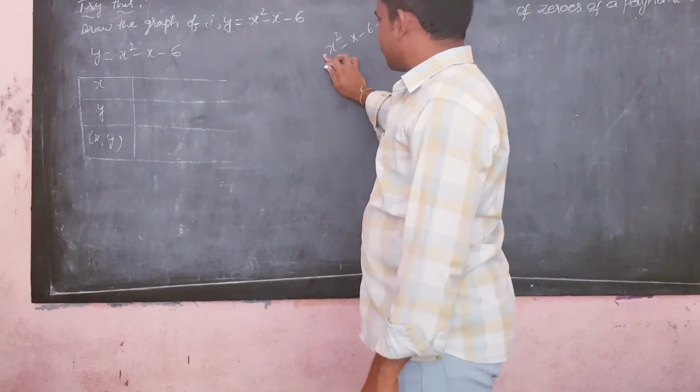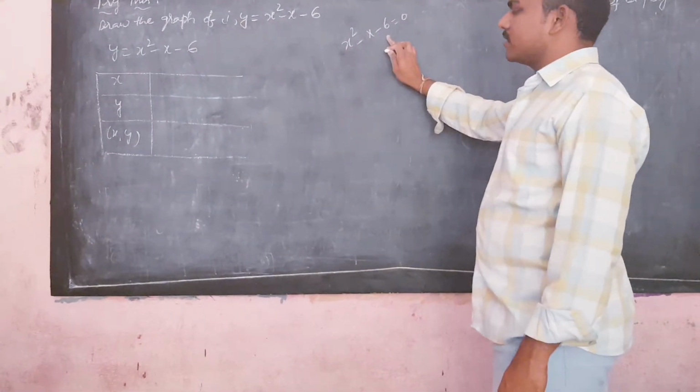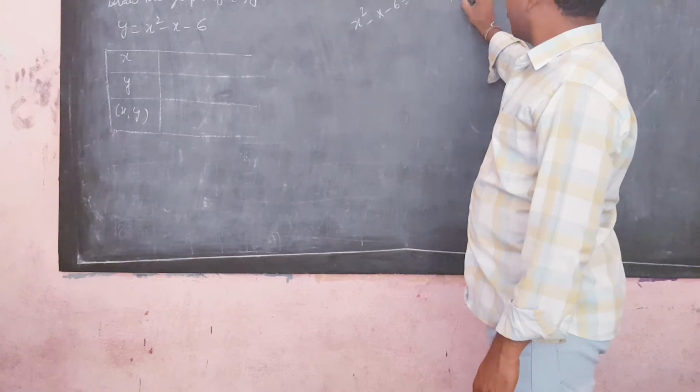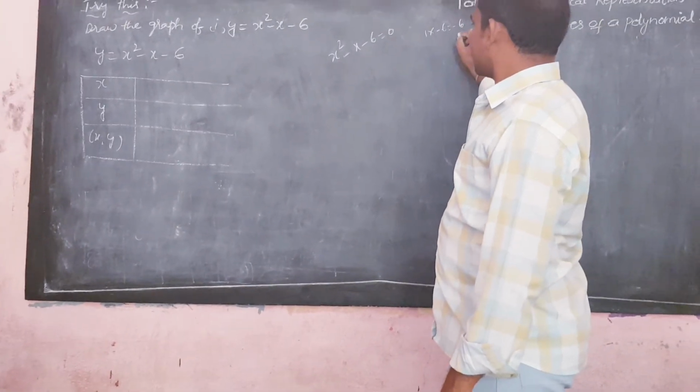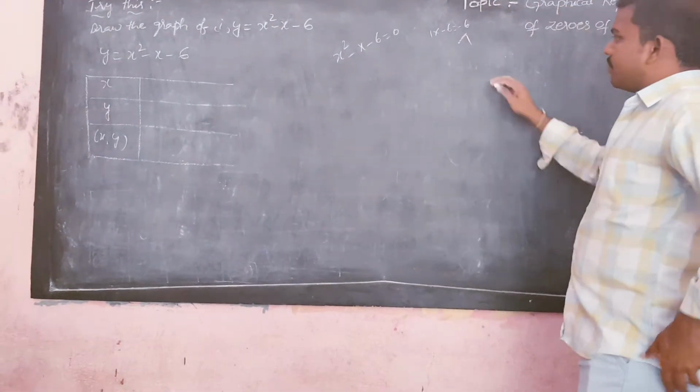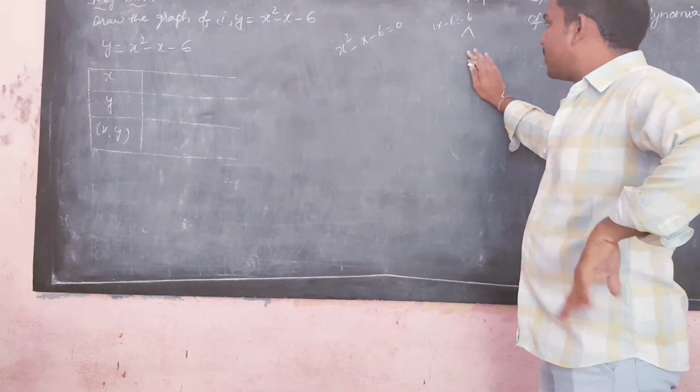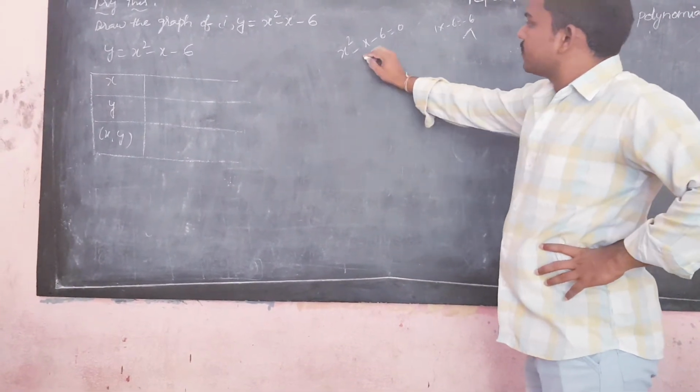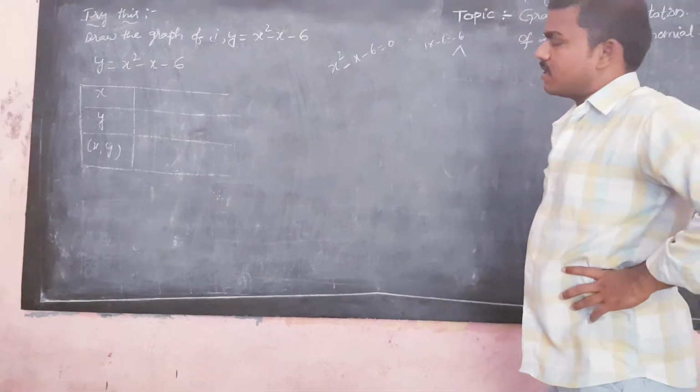So multiply the x square coefficient and the constant term, 1 into minus 6, that is equal to minus 6. So we separate the product of terms and the sum of terms. The sum of terms is minus 1.